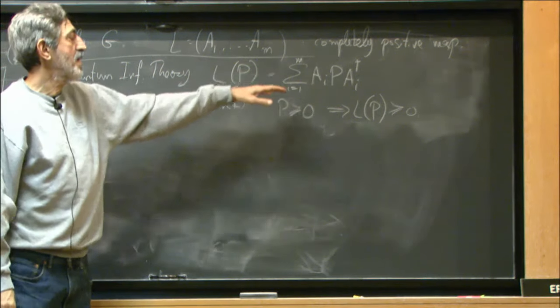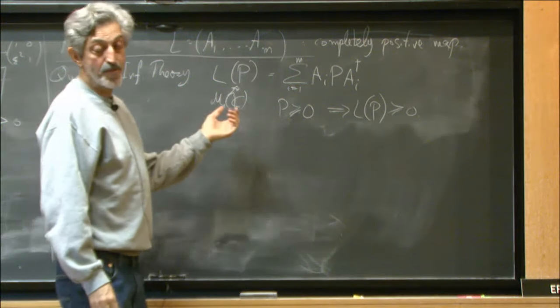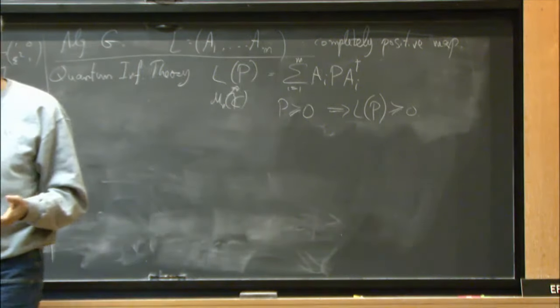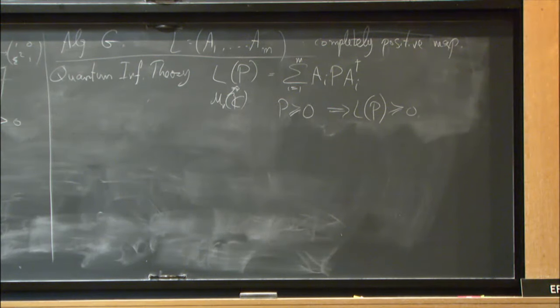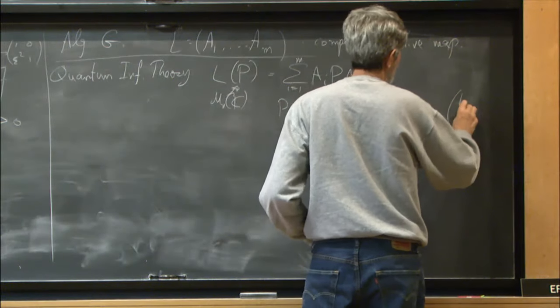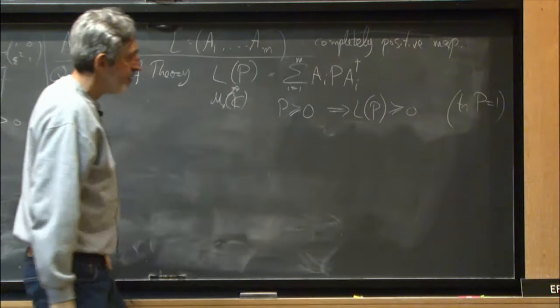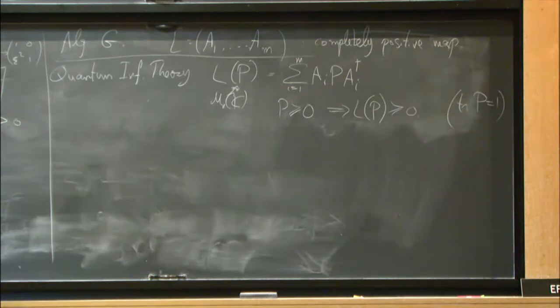This operator is sometimes called the noise operator, sometimes the general quantum operation. They apply these quantum operations to general quantum states, which are density matrices. What are density matrices? They are simply PSD matrices that also have trace of P equal to 1.